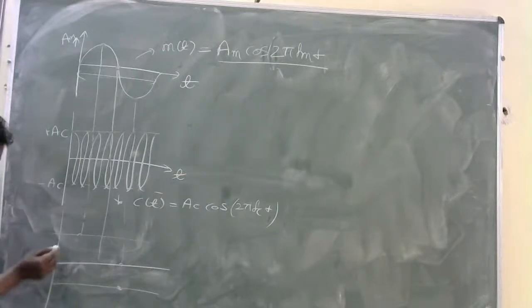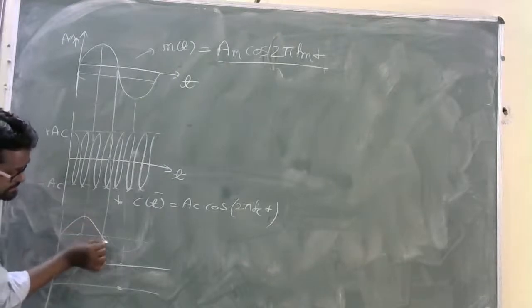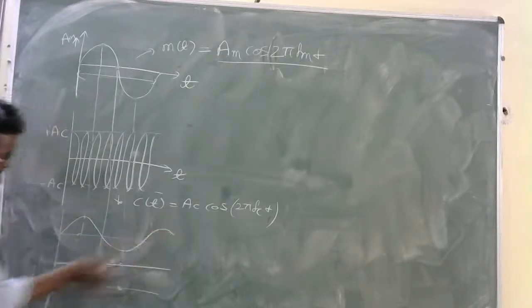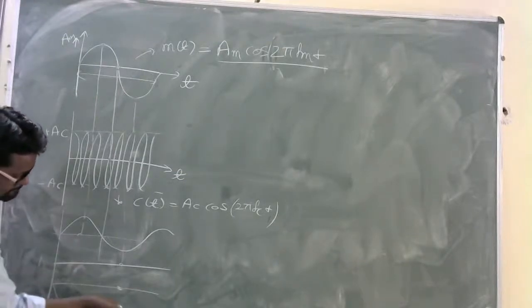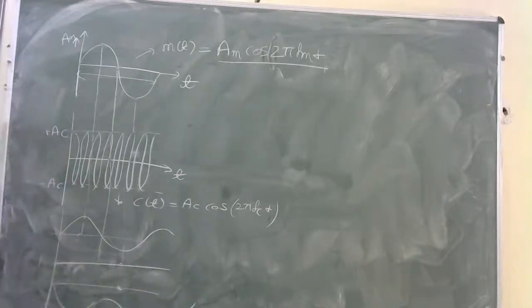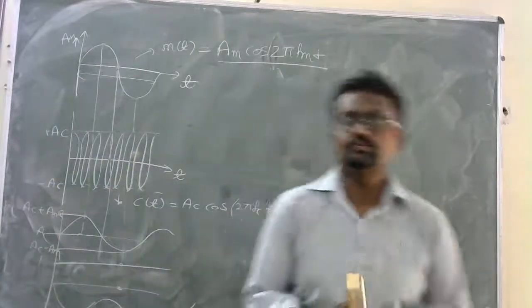So when we represent the modulated signal, it will look somehow this way. Is it clear? Okay. So this one is the highest amplitude, Ac plus Am. This one is Ac, and this one is Ac minus Am. Is it clear? Okay. So this is all happening in the case of amplitude modulation.